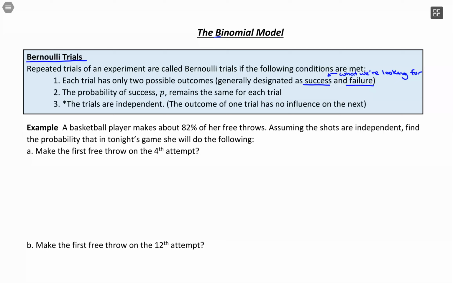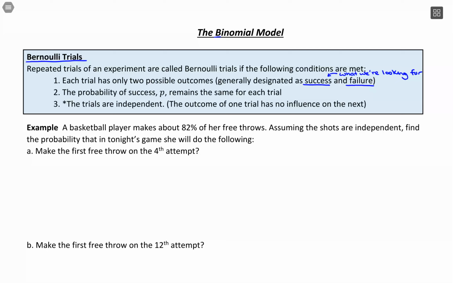Success is going to match up with what we're looking for, and the failure is going to be that opposite scenario. There are even times we'll look at an example together where we're looking for microchips to fail. So that probability of the microchip malfunctioning is actually our success because that lines up with what we're looking for. So we'll talk about that more. Basically, it'll either match what we're looking for or not.